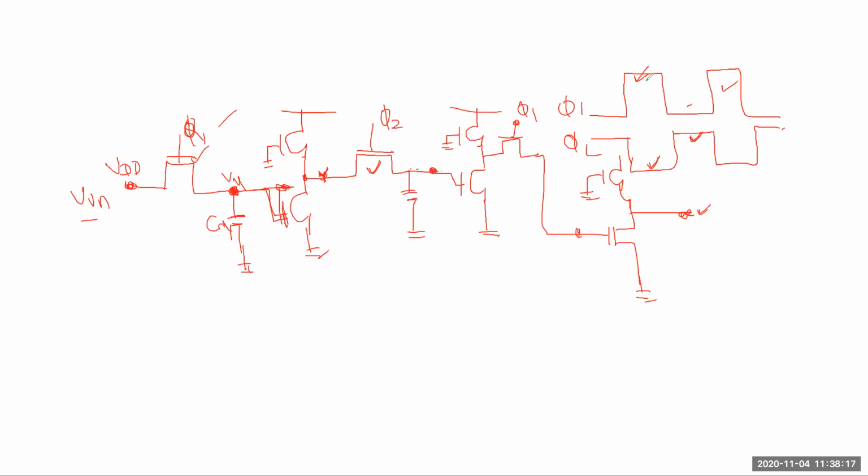That means with 3 consecutive signals, the signal at this point will come to here, and the signal at this point will come to here. That means it works as a shift register.